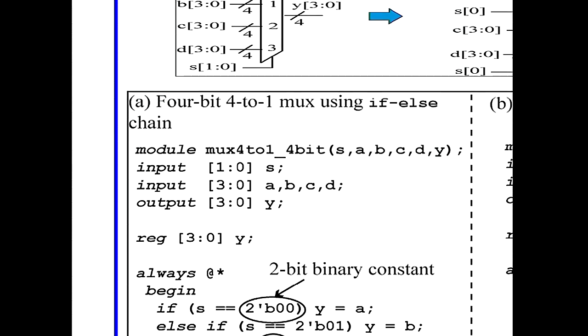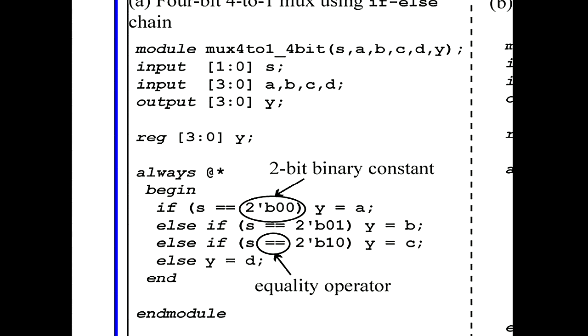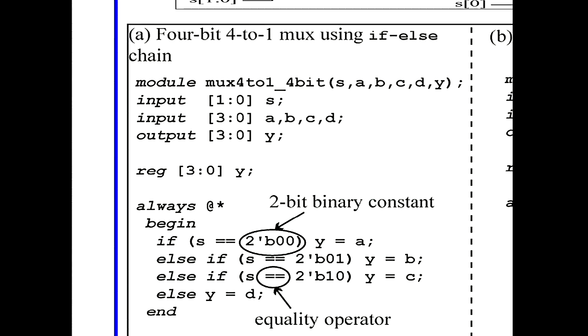So the way that we can do this with our existing knowledge is using if statements in this always block here. So these port definitions you should be able to understand. We have an internal signal which is called Y, and the use of this reg here, you might ask, why don't you declare that as a wire?